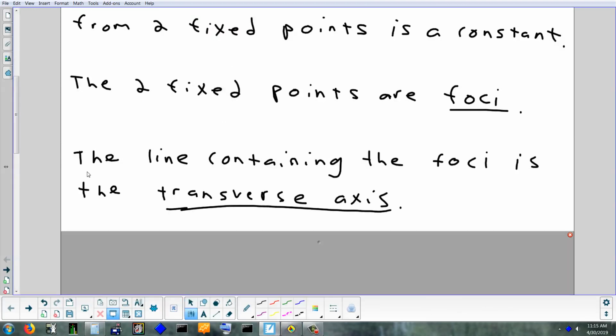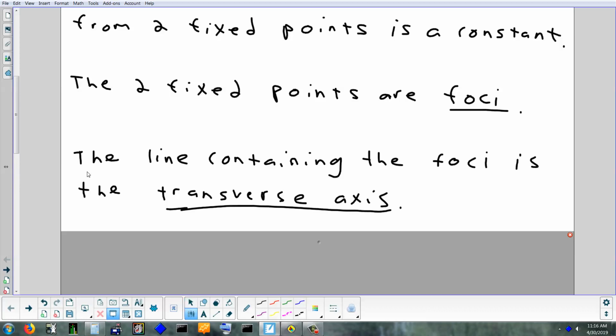And the way I remember what it's called, because we had major and minor axis yesterday, we're going to have transverse axis and something else. The way I remember which one is which is when I look at transverse, to me that looks like the word traverse. Right? And if you traverse something, what does that mean? Go across.